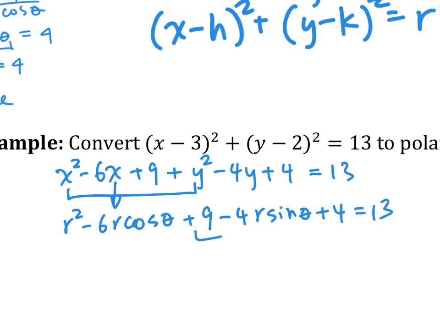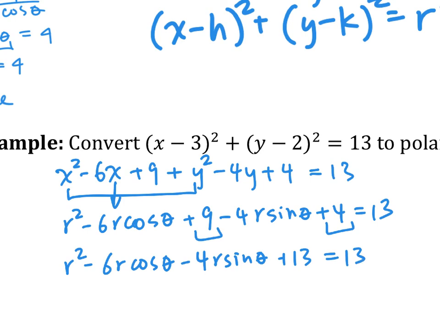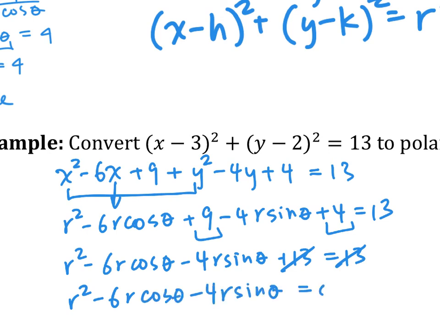Now if I collect the 9 and 4 together, they equal 13. So let's say that I put it at the end like so. You can see that if I subtract 13 on both sides, they cancel. So r squared minus 6r cosine minus 4r sine equals 0.